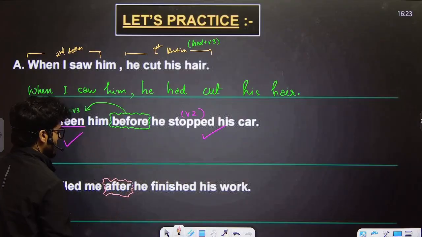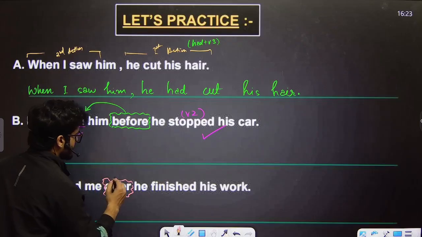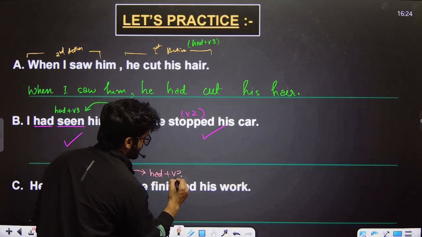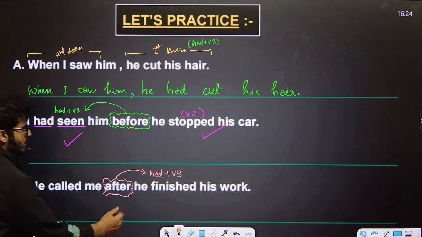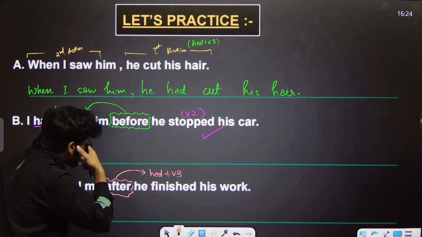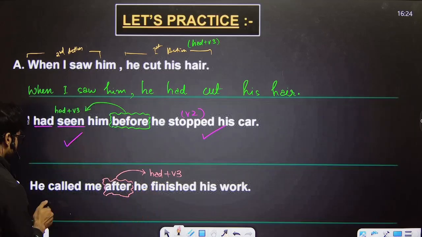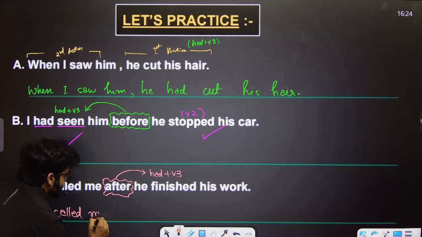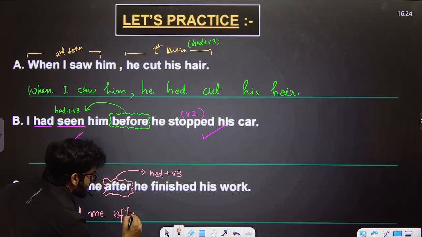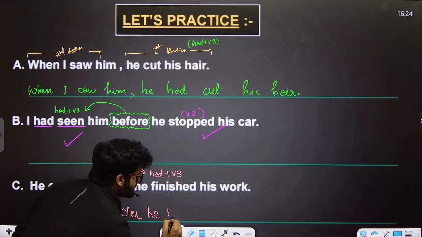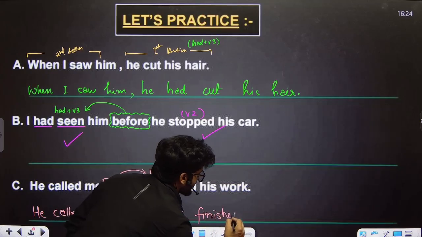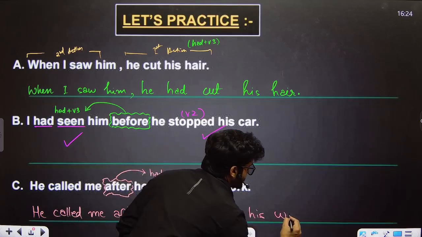Now here you are observing after. So in the case of after, ke baad, you are going to have had plus verb 3. So here you could identify the error. He called me, this is correct, verb 2. He called me after he had finished his work.